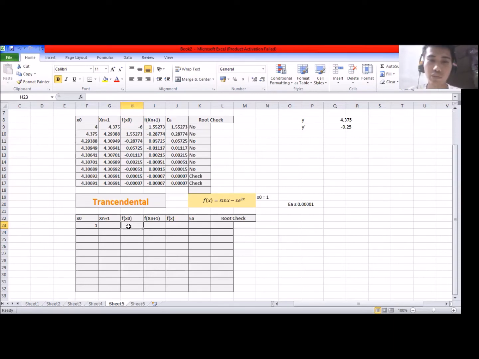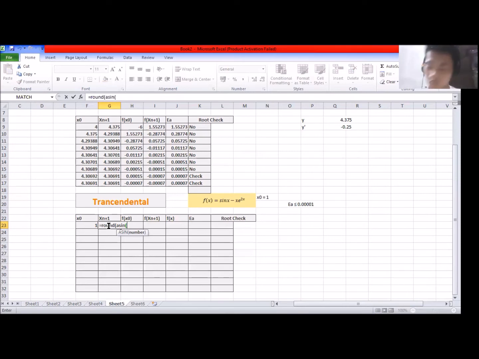So we need to say x of 1 is equal to the sine, or I mean arc sine x.